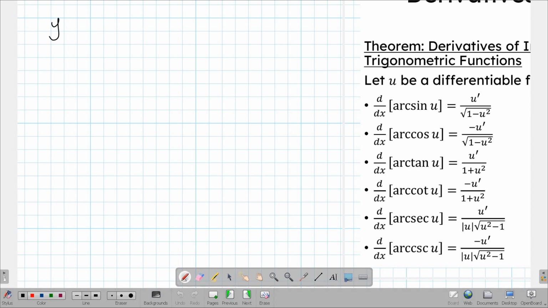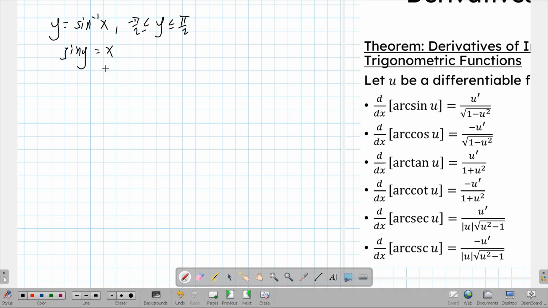We know that y is equal to arc sine x. This can be the symbol for arc sine x as well, and the value of y is between negative pi over 2 and pi over 2. By definition, this means that sine y is equal to x.